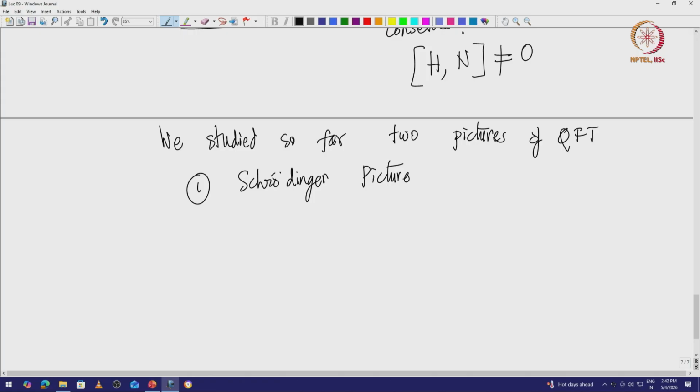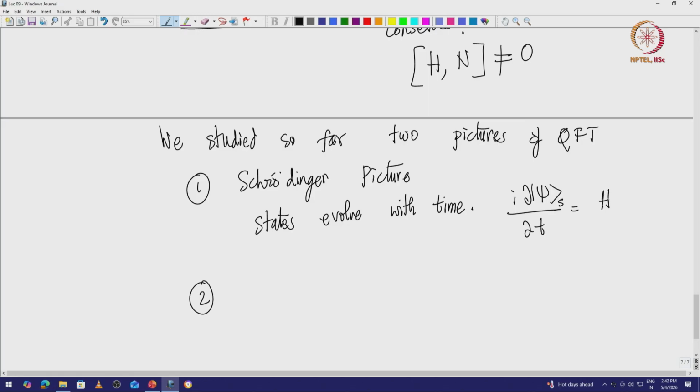In the Schrodinger picture, the states evolve with time, and you have i del psi by del t is equal to H psi of t.